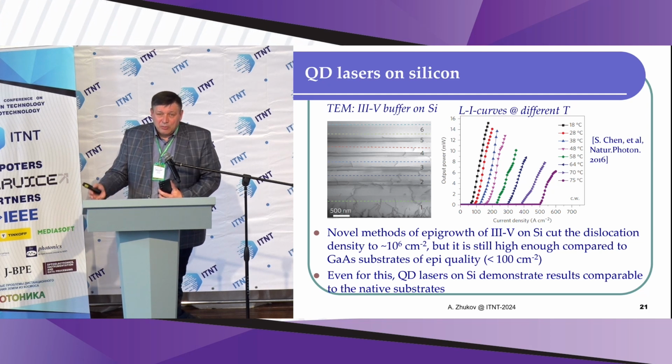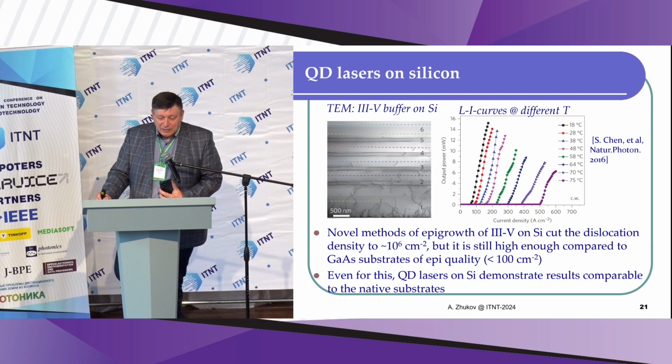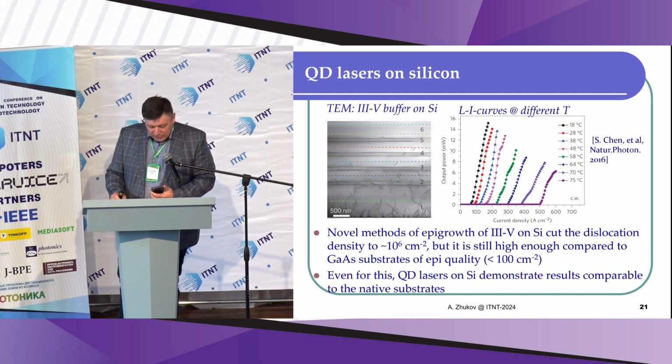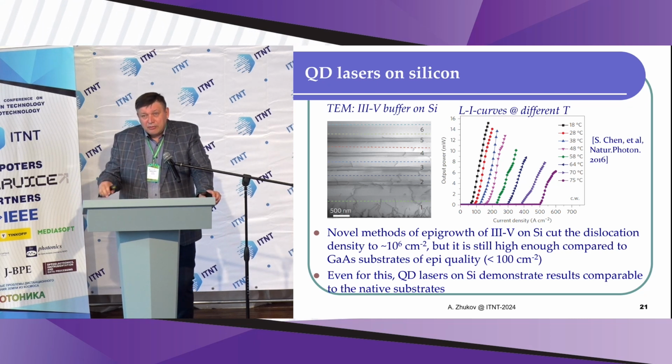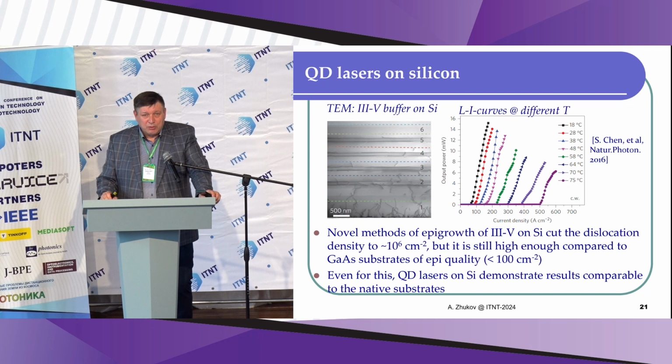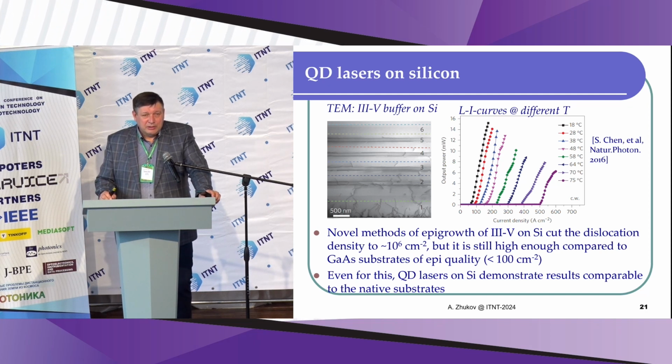So one possible solution is to grow III-V materials on a silicon substrate. This approach requires very careful optimization of epitaxial growth because silicon and III-V materials, for example gallium arsenide, are very different: different in lattice parameter, different in thermal expansion coefficient, and different in polarity.